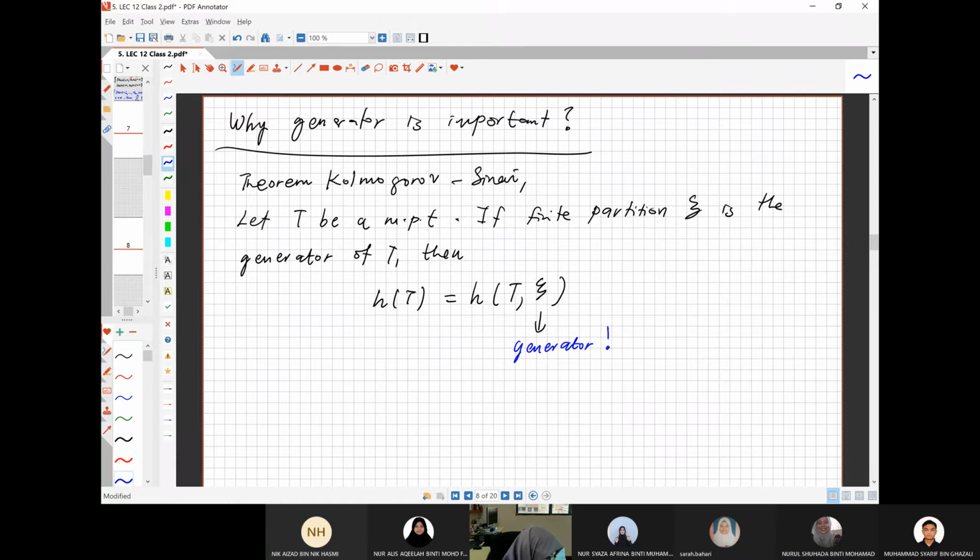So the importance of generator is that you can find the entropy of the transformation. So if you know that psi is the generator, because after showing, let's say you show that this is equal to this, that means your entropy is the same as the relative entropy of the generator. That is the conclusion.